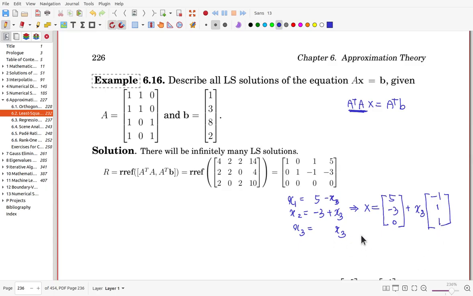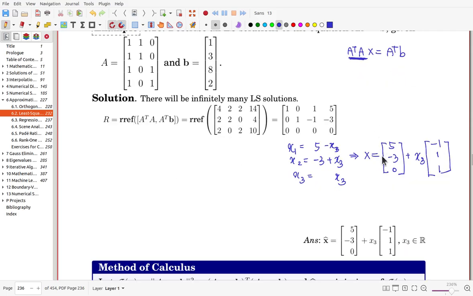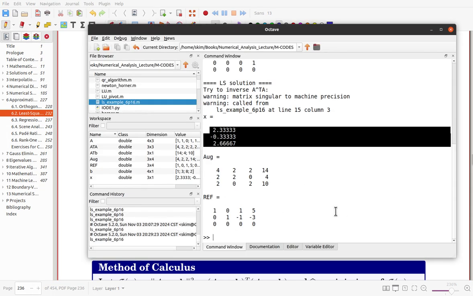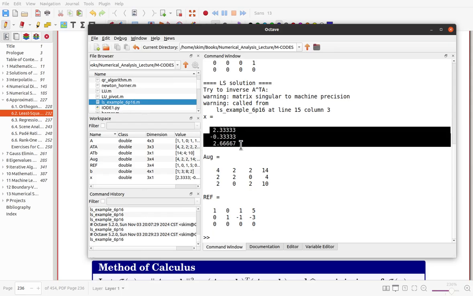This has all the least squares solutions of the equation AX equals B, and for every choice, it'll be a solution. Once you choose, for example, x3 equal 8/3, then you can get that solution, a special solution.